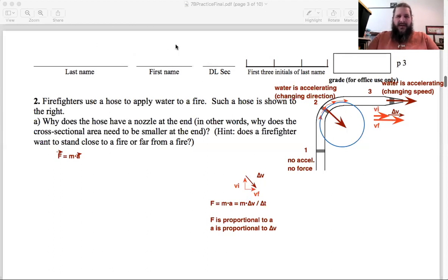Like if you compare the force and the velocity here, at location 2, exactly at location 2, velocity was up and to the right. So that was our velocity vector. In order to change the direction but not change the speed, we apply a force perpendicular to the velocity.